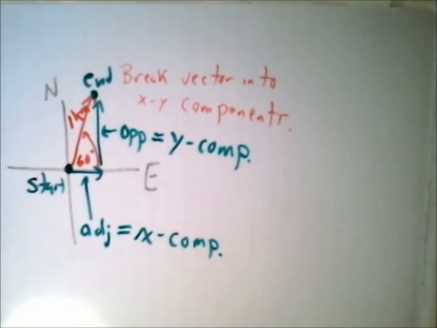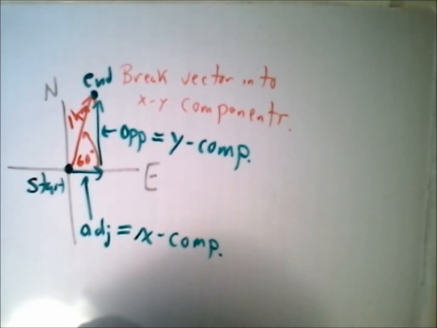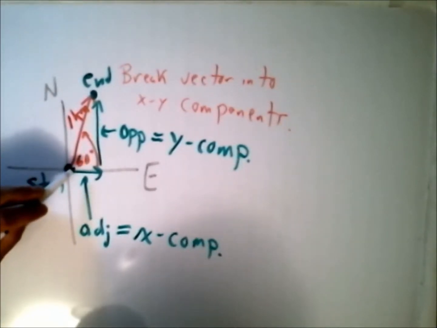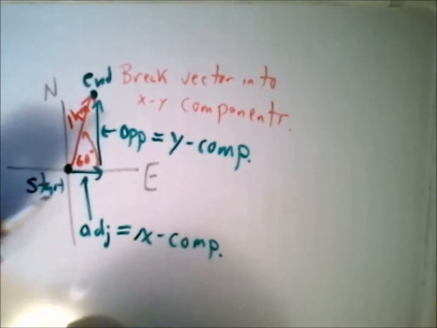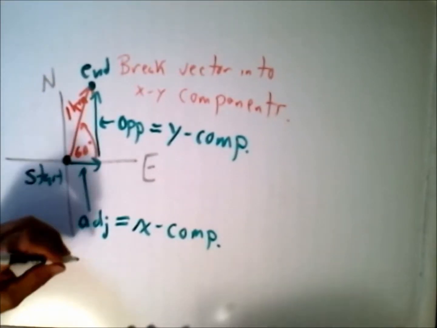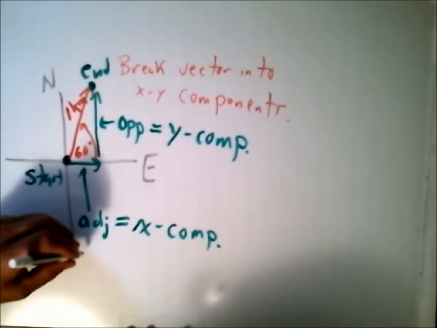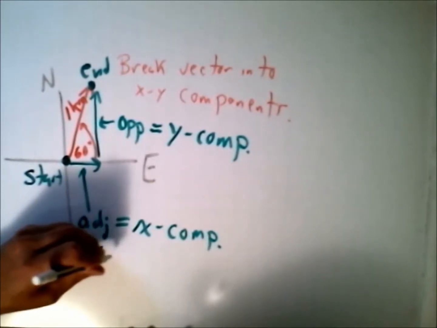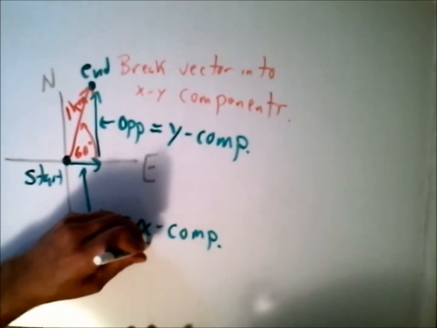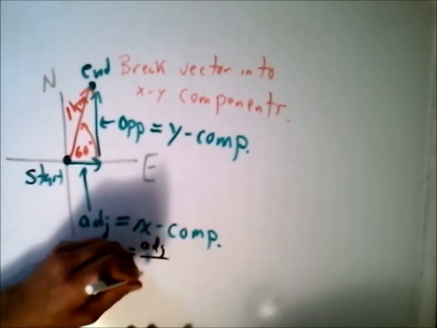So using what I know about trigonometry, if a scout were to hike 1 kilometer at an angle of 60 degrees between the north and the east, I could use the rule that the cosine of the angle is equal to the adjacent over the hypotenuse.